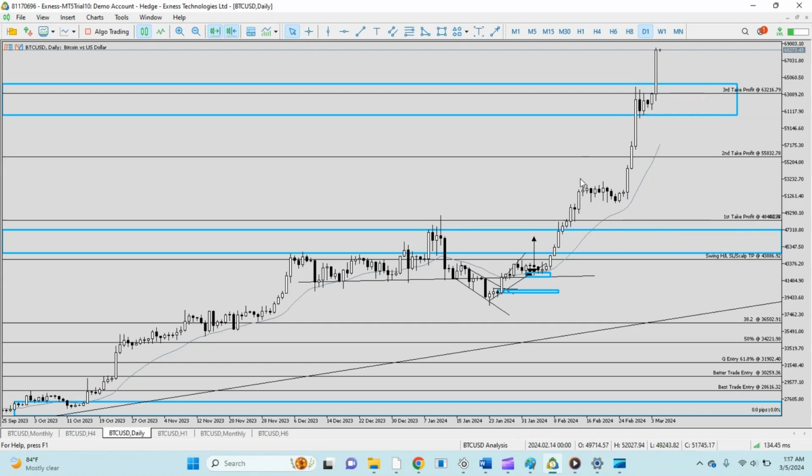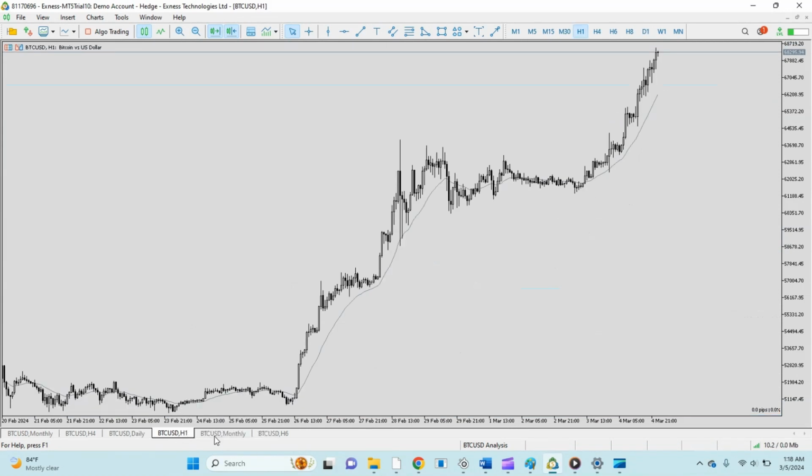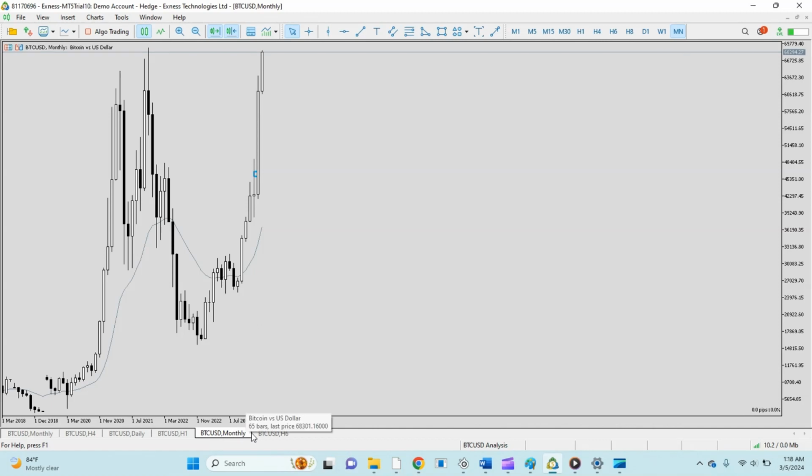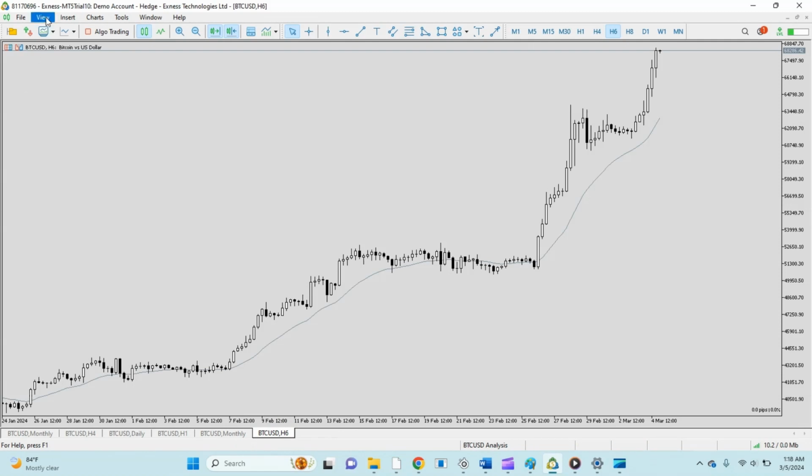Maybe you have been in the system since morning, in the evening you go to sleep, and when you wake up, you will find that the market has done some wonders. So avoid scalping. If you want to be successful, forget about scalping. Just focus on long-term trading.